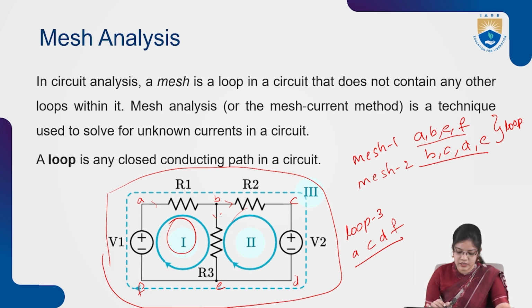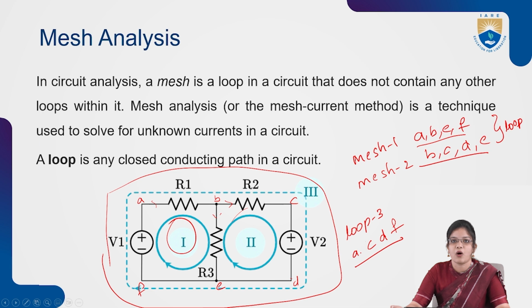If we consider the other path as a mesh, again there is only one loop. If we consider the whole circuit, we have two meshes. So a mesh can contain a single loop, and a loop can contain n number of meshes. From this we know that all meshes will be loops, but all loops cannot be meshes.